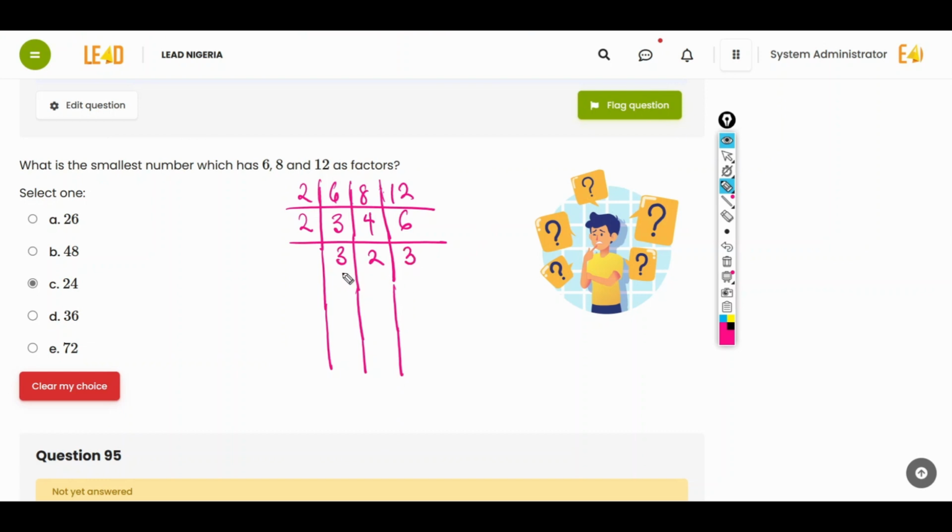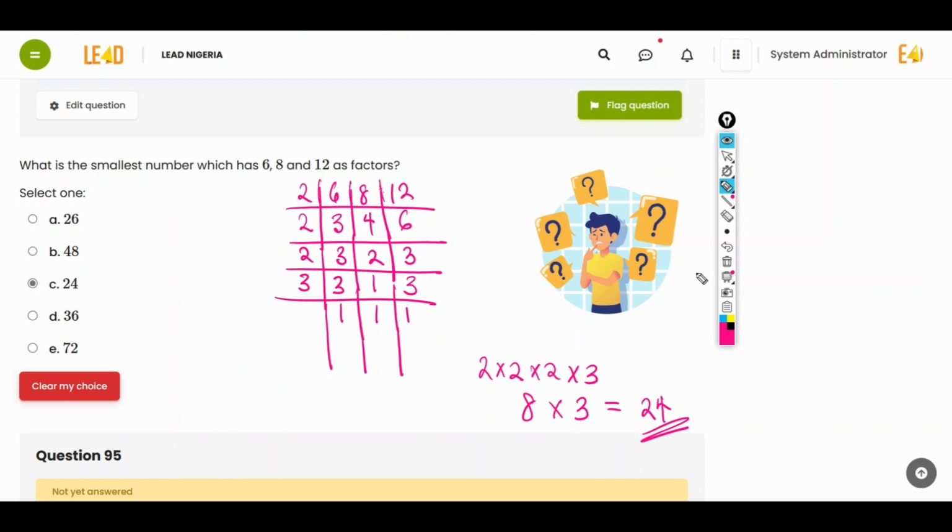We'll have 3, 2, 3. We can work with 2. We have 3, 1, 3. We can work with 3. We have 1, 1, 1. So our LCM is just 2 times 2 times 2 times 3, which is 8 times 3, which is 24.